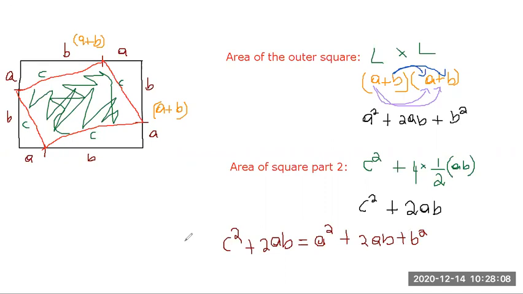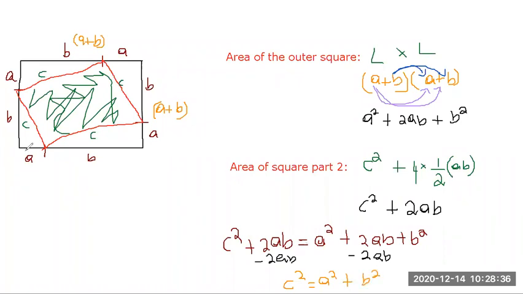Now I could group my like terms, and the only thing that I see that is similar is 2ab. So if I subtract 2ab from this side, I have to do it on this side as well, which leaves me with c squared is equal to a squared plus b squared.